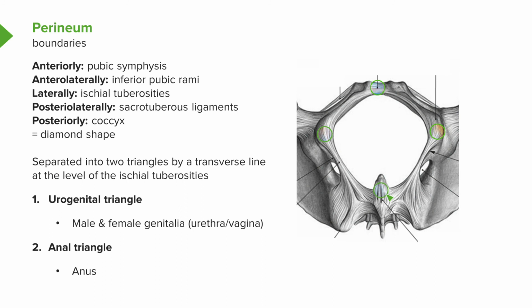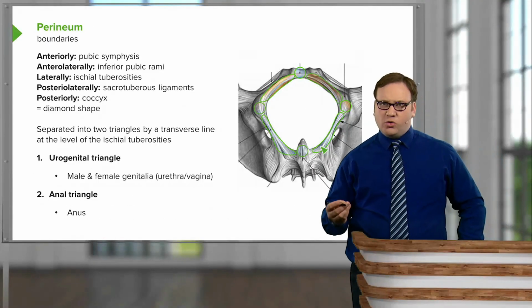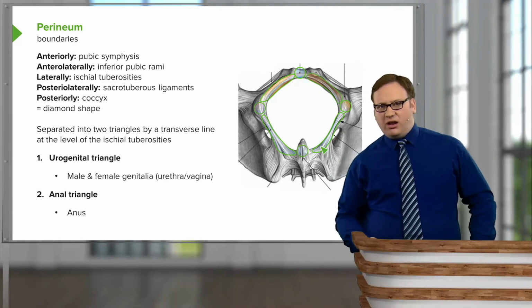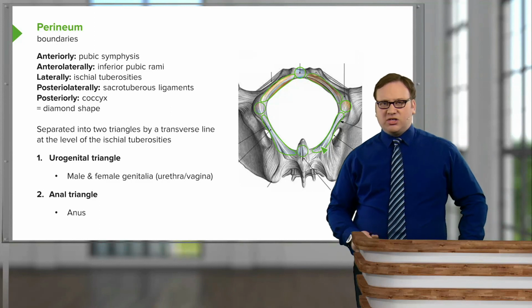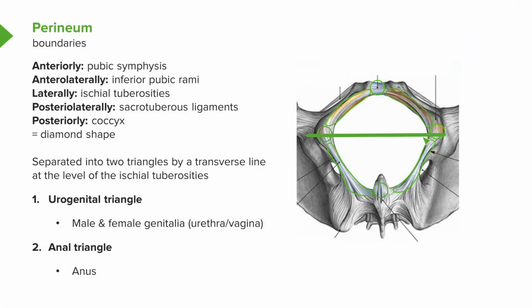If we connect these four dots up via the inferior pubic rami and via the sacrotuberous ligament, we can see we have this diamond shape. This diamond shape can be divided into two triangles via a transverse line at the level of the ischial tuberosities.